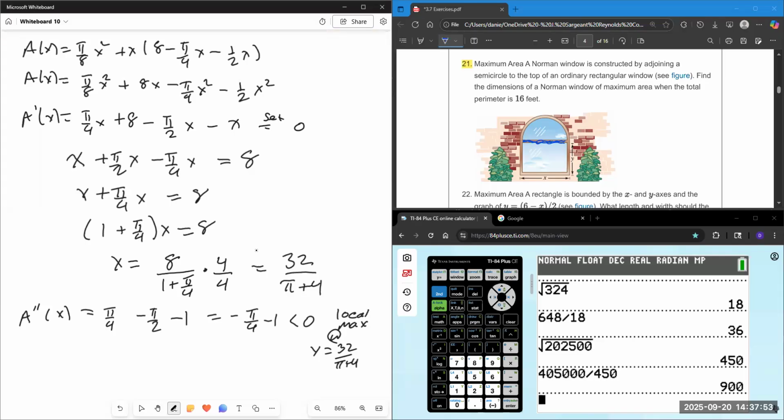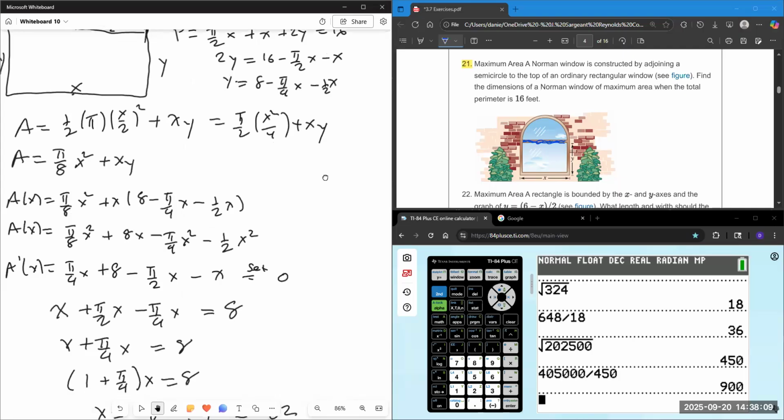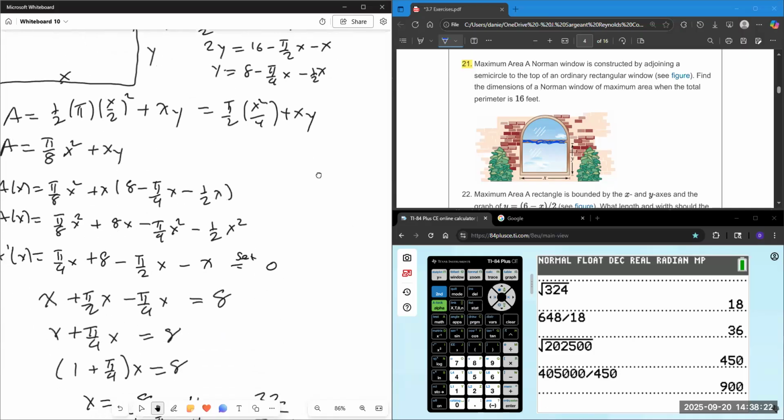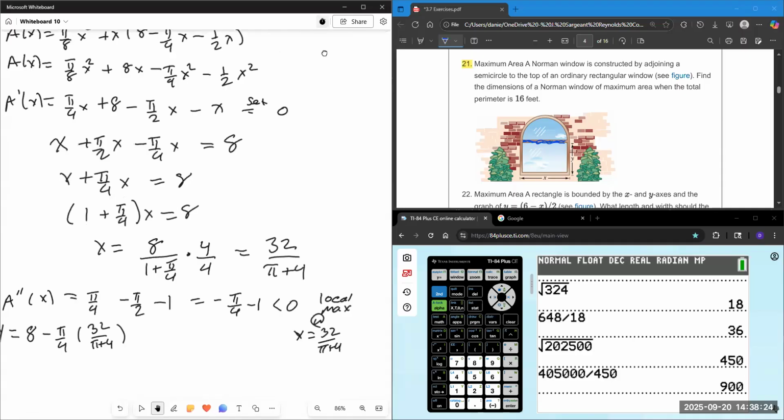And if I have x equals that, then y equals 8 minus pi over 4 x minus 1/2 x, like that.